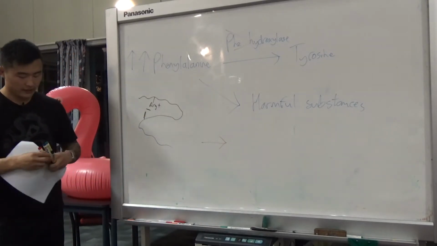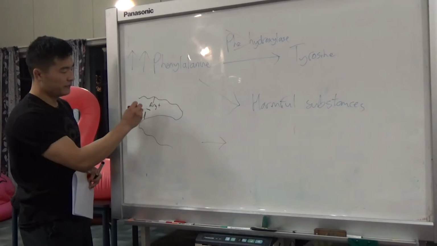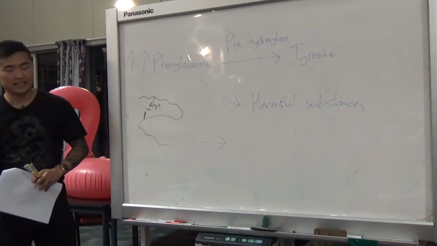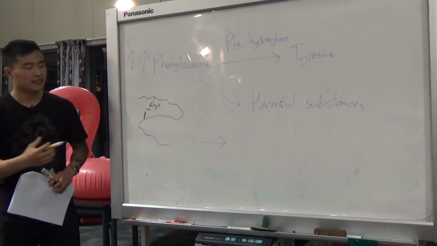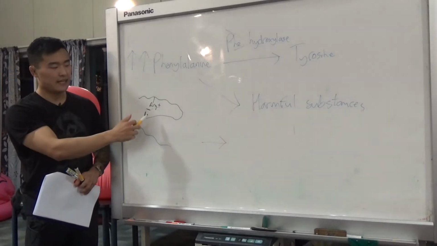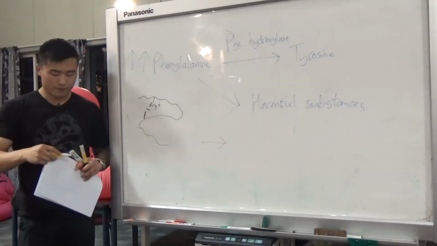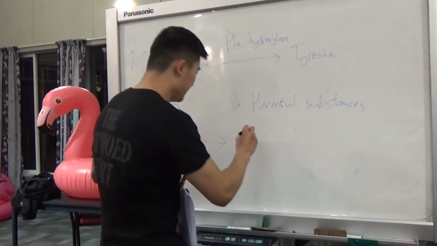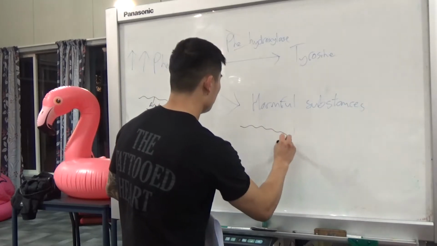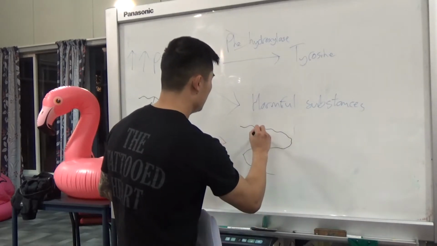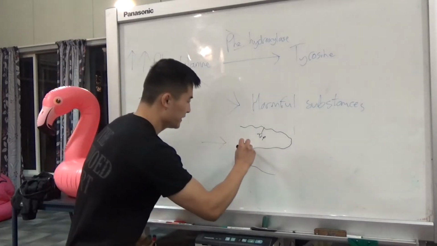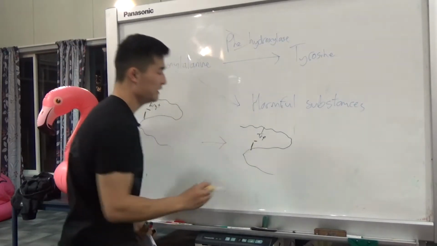If you've got a negative charge and a positive charge, there's going to be an electrostatic interaction between them, right? And that's going to stabilize the fold in the protein. But let's say it got mutated to a tryptophan which isn't charged, and you've still got the negative charge here.